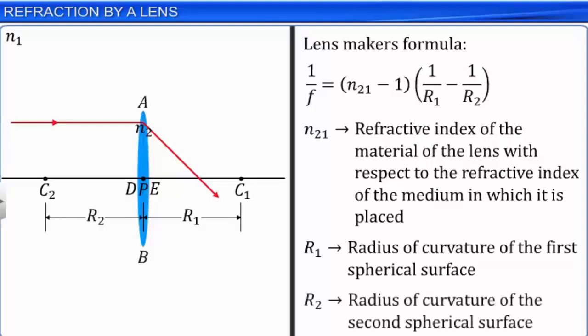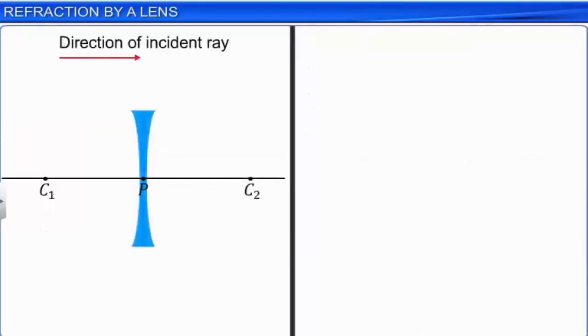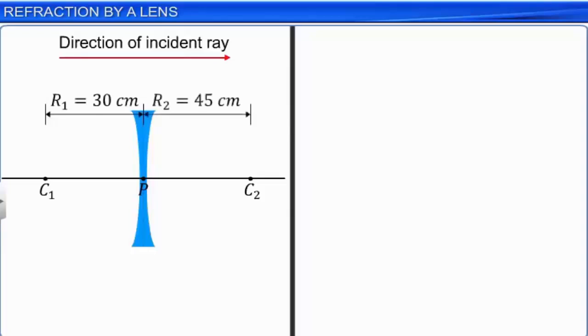Let us apply the lens maker's formula to find out the focal length of a double concave lens of glass of refractive index 1.5 placed in air, and with radii of curvature 30 cm and 45 cm respectively. It is given that N2 is equal to 1.5, N1 is equal to 1, R1 is equal to minus 30 cm, and R2 is equal to 45 cm.